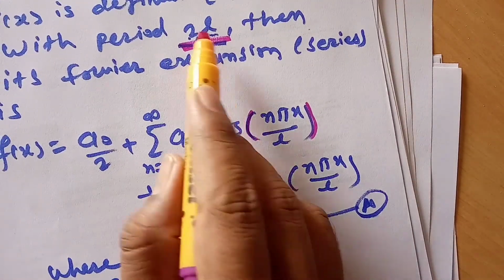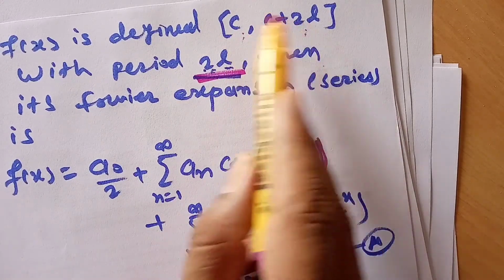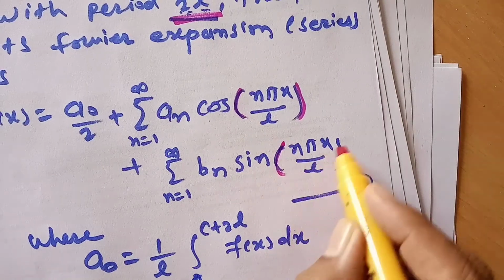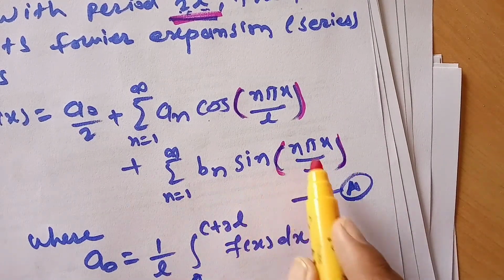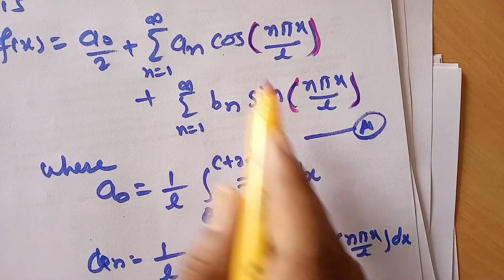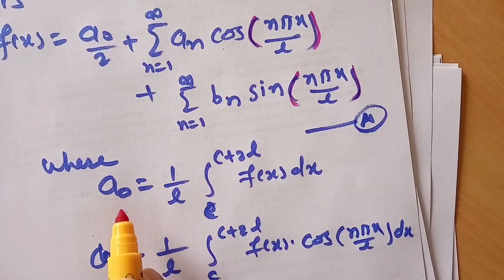And how do we find L? Because from this interval we get 2l and we divide by L only. Plus b_n into sin of n pi x divided by L. This is our Fourier series expansion, and to find it we need a0.